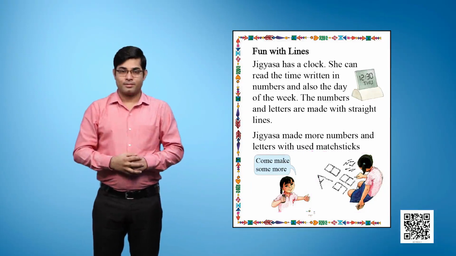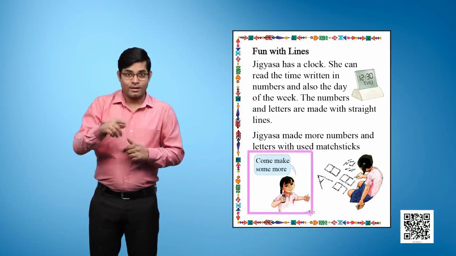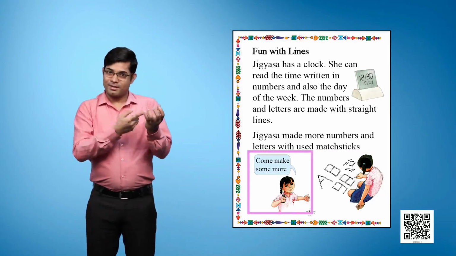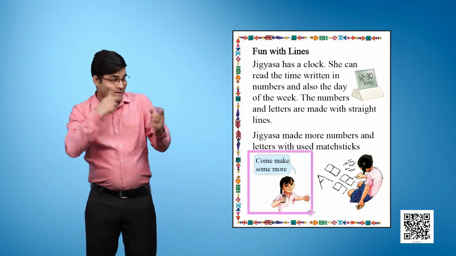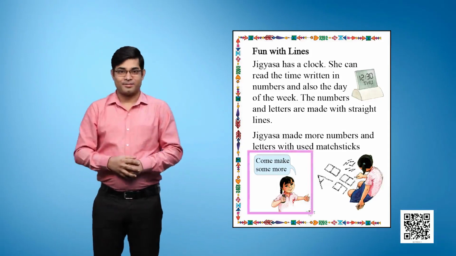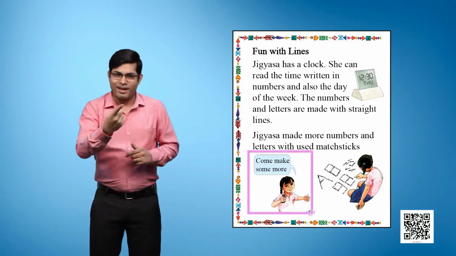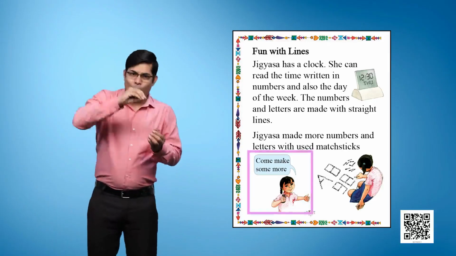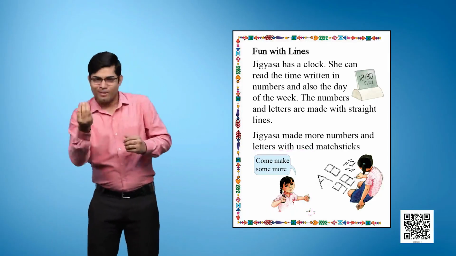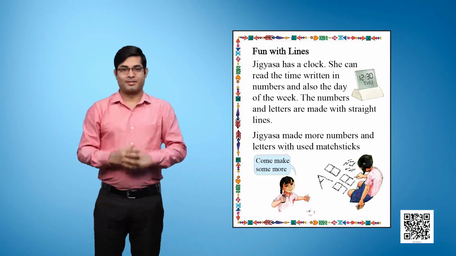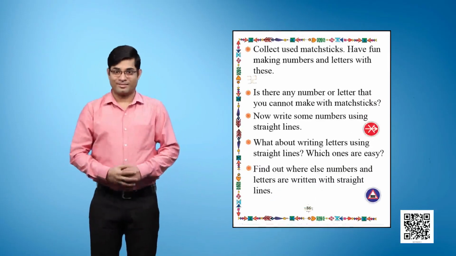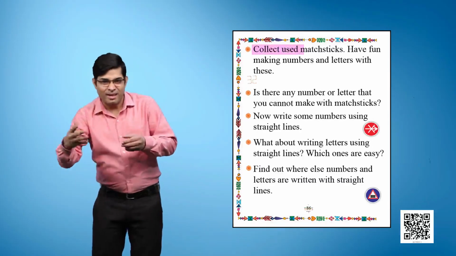In picture 3, Jigyasa is holding a bunch of matchsticks in her right hand and her left hand is wide open. She is saying, "Come, make some more." Instruction 1. Collect used matchsticks.